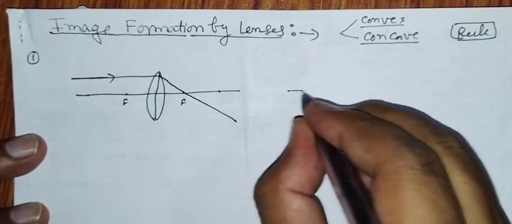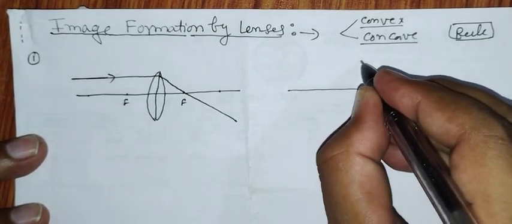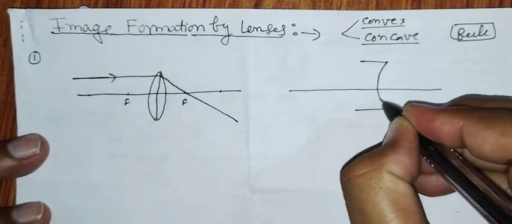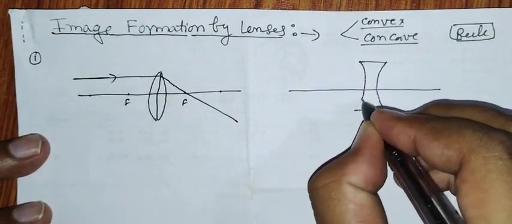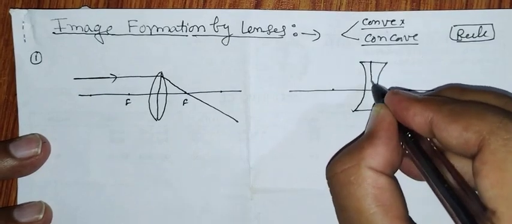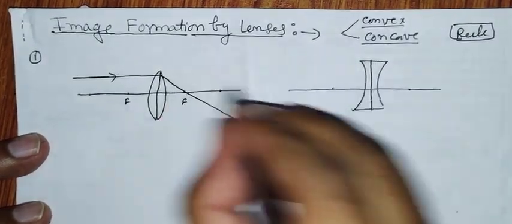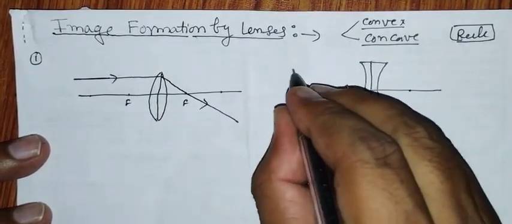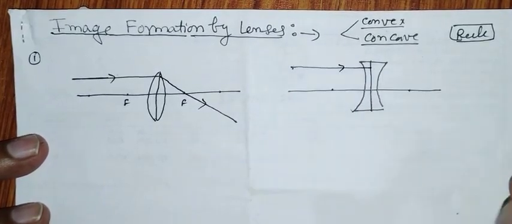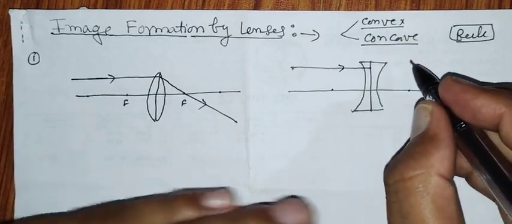But if in place of a convex lens there is a concave lens, and a parallel ray of light is allowed to fall on the concave lens, it has a diverging nature.